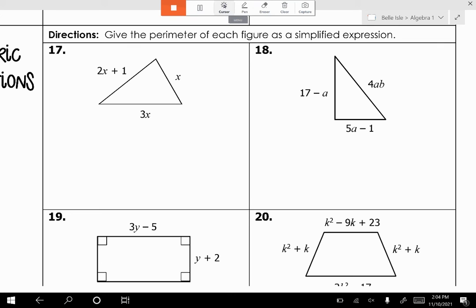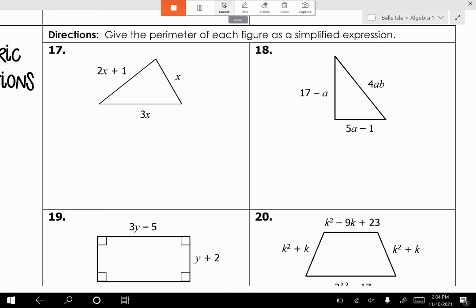So for these last 4, you're only expected to simplify, not solve. Simplify just means you're going to combine like terms of what it would take to find the perimeter of each of these figures. If we look at 17, how do you find the perimeter of any shape? You add all the sides together.